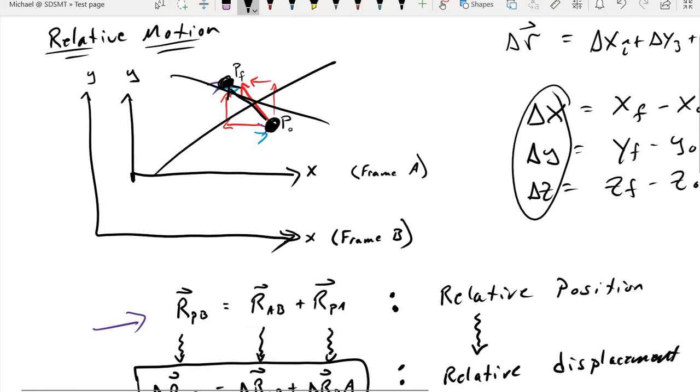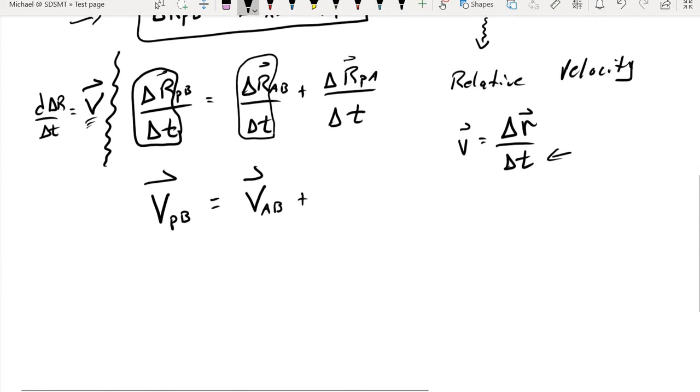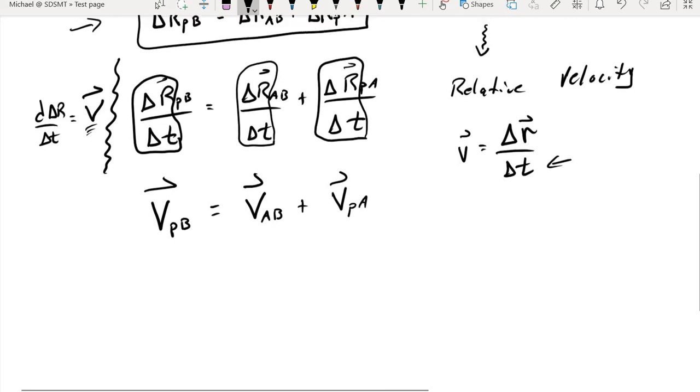And in this case, it's going to be reference frame A that is moving with respect to frame B. Now we'll go ahead and finish up this expression, and then we'll talk about what it means to have one frame of reference moving with respect to another. But this last term is going to be the velocity of point P measured with respect to frame A.